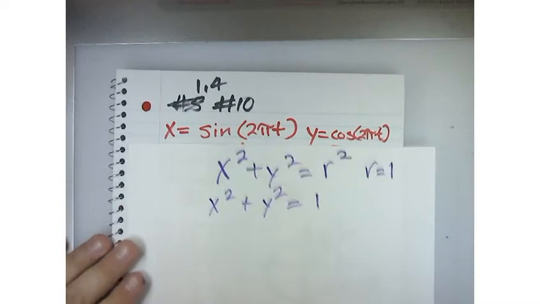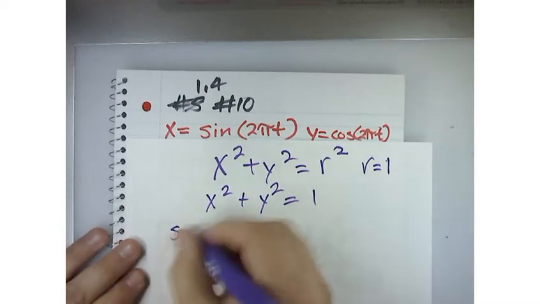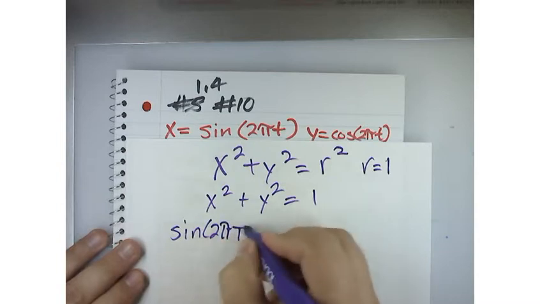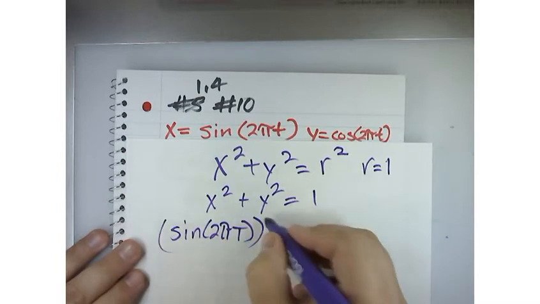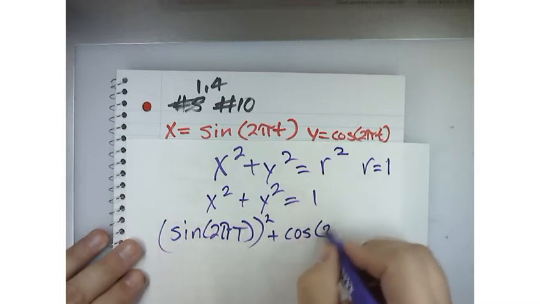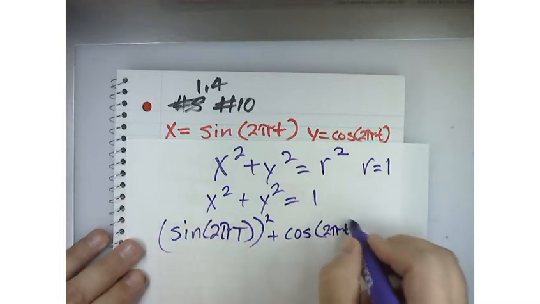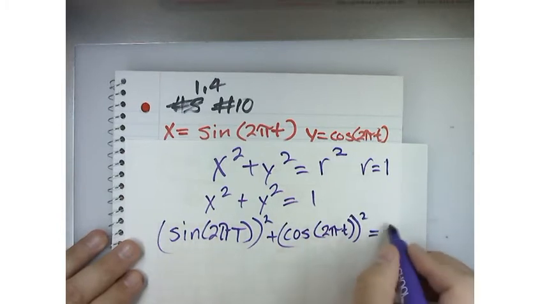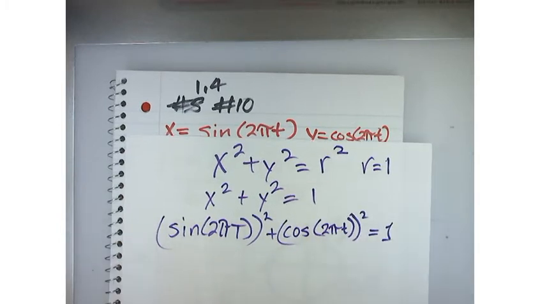Well, x equals sine of 2 pi t, all that squared, plus cosine of 2 pi t, all of that squared, should equal 1. And it does.